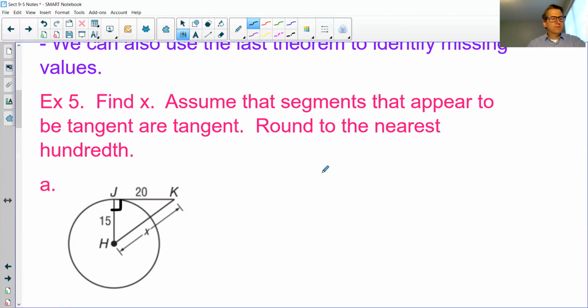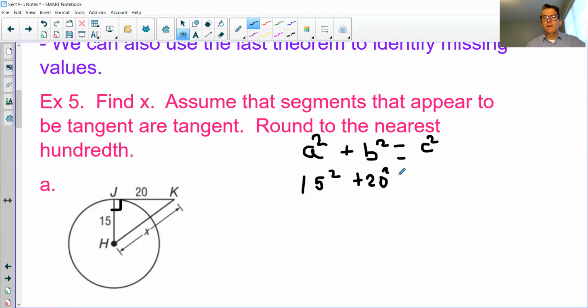So if that's the case, we're going to have the Pythagorean theorem of a squared plus b squared is equal to c squared. Let's fill in here. We got the legs, the 15 squared plus the 20 squared, and that's going to equal c squared. Now c squared we're going to call x squared.